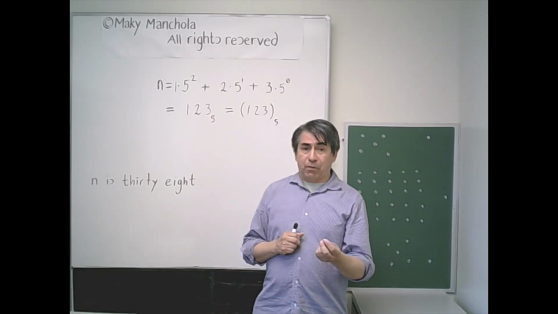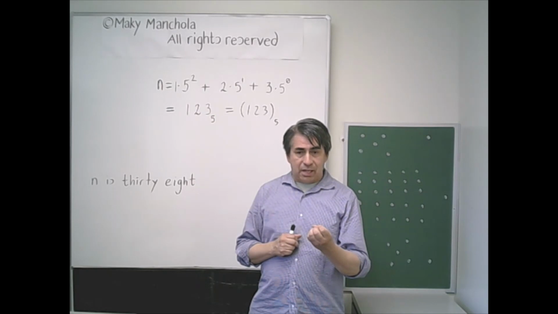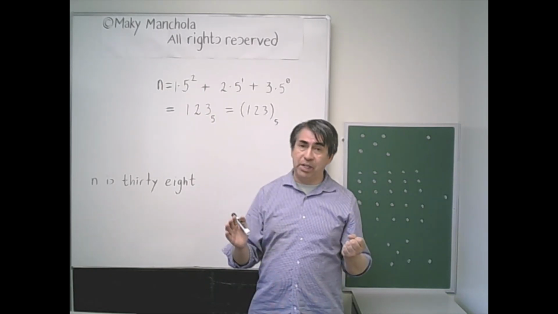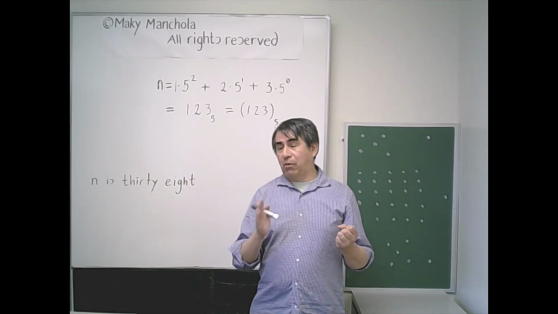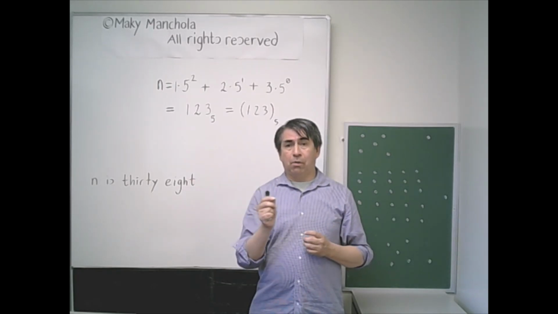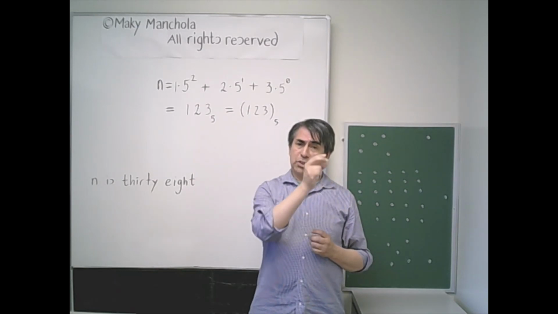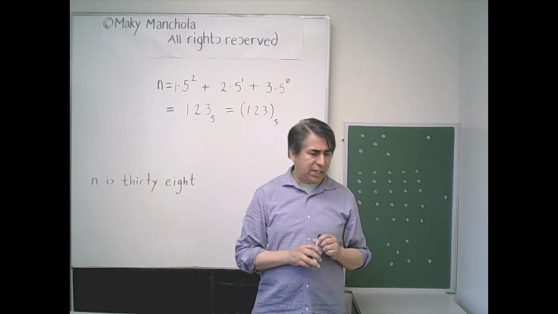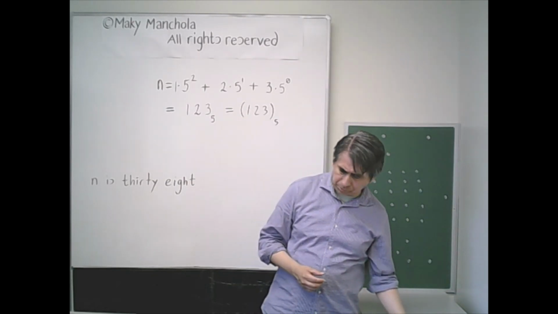So n will be written in base b if and only if n is a combination of powers of b beginning with b to the 0 up to b to the k for some natural number k. So let's write that down.